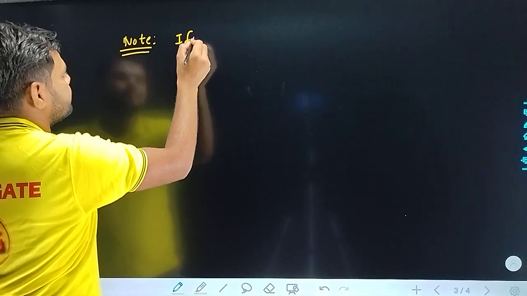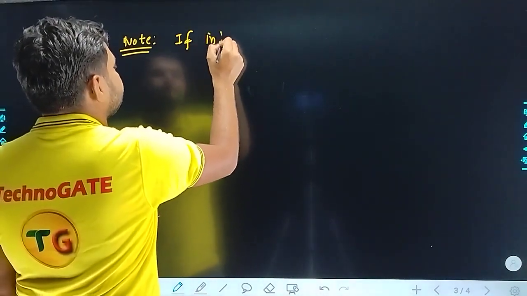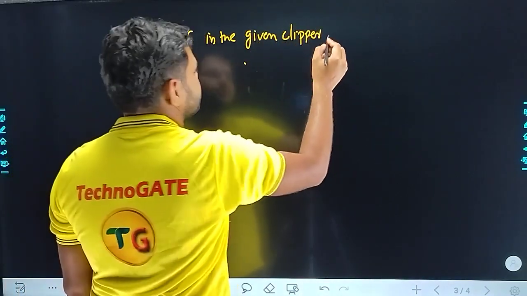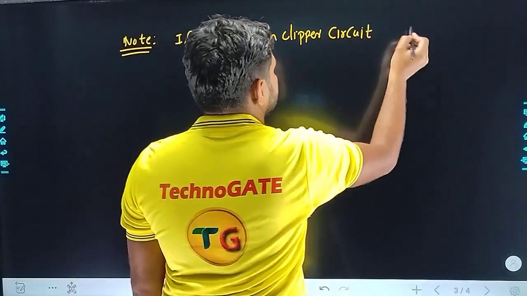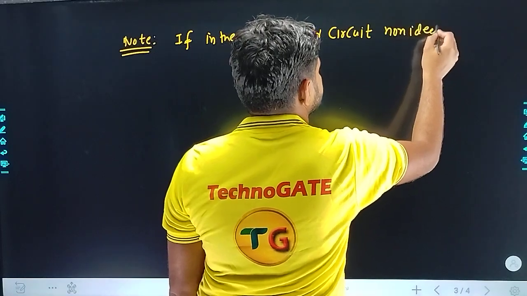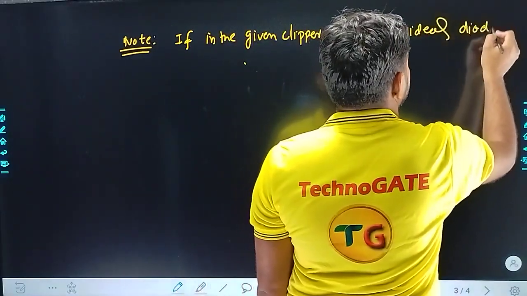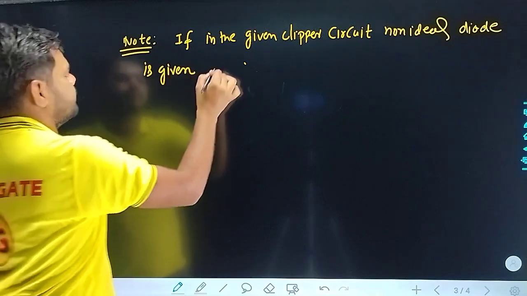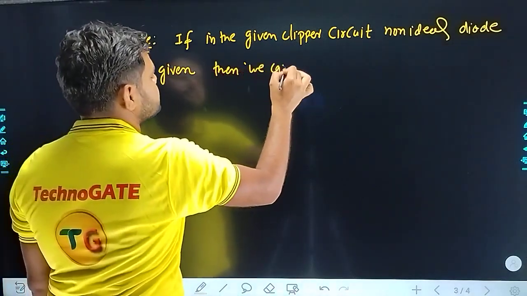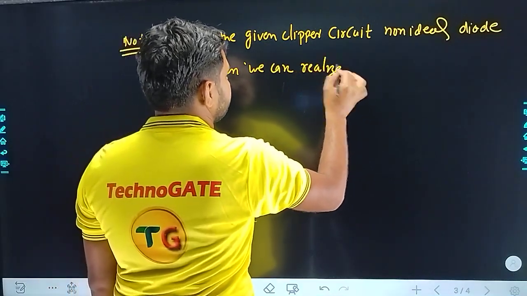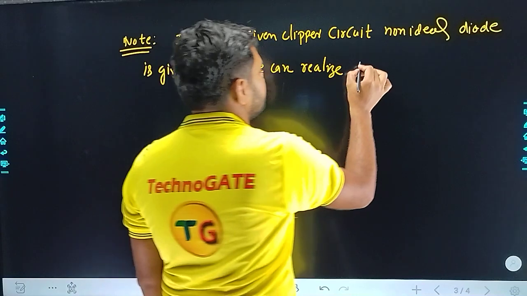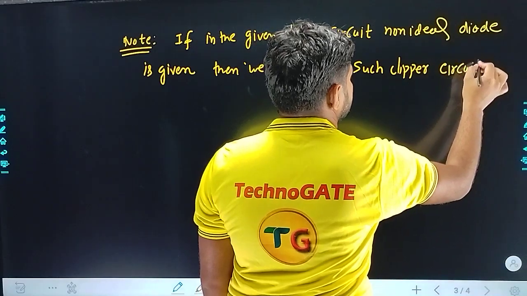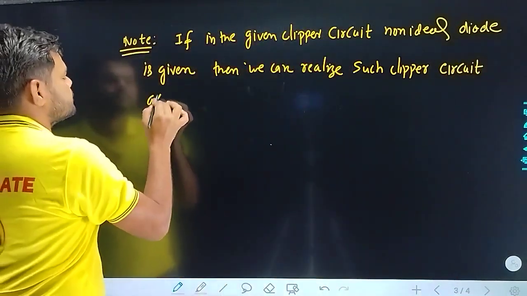If in the given clipper circuit a non-ideal diode is given, then we can realize such clipper circuits as follows.